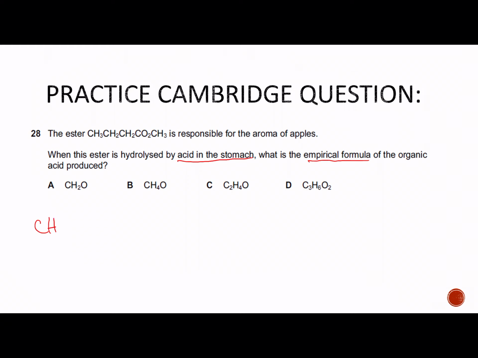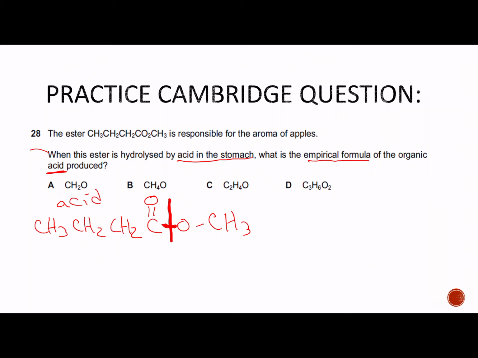So let's take a look. I have CH3, CH2, CH2, COO, CH3. And I want to hydrolyze it, meaning I want to break it apart. So where do I break it apart? Right here. Break it apart right there, right? And so they're asking for the acid. This is the acid side.